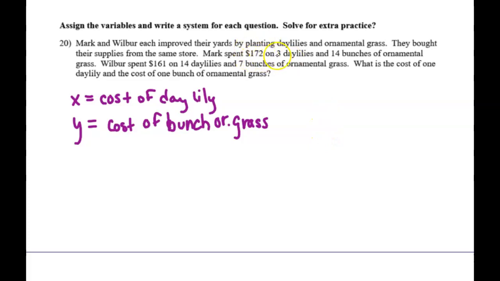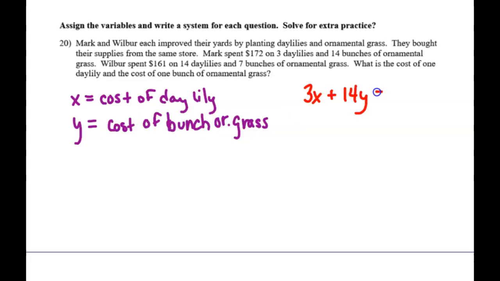Okay, this says 3 daylilies, 14 bunches of grass, and it costs $172. So somehow we have to change that 3 daylilies into dollars. Well, they each cost how much? X, right? So 3 times X would be the cost of daylilies. 14 of these Y's, the cost of a grass, 14 grasses totaled.